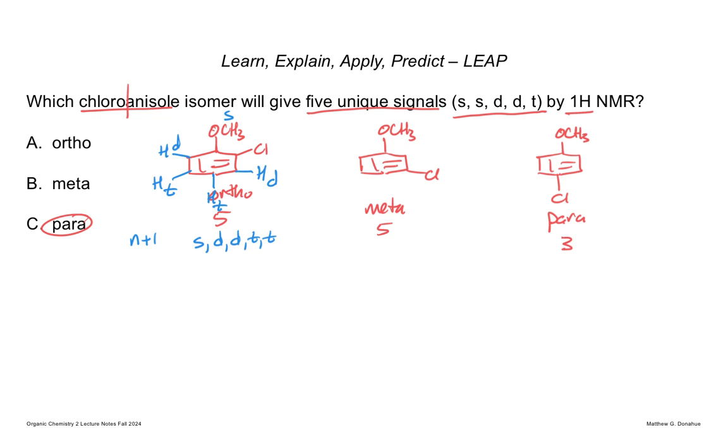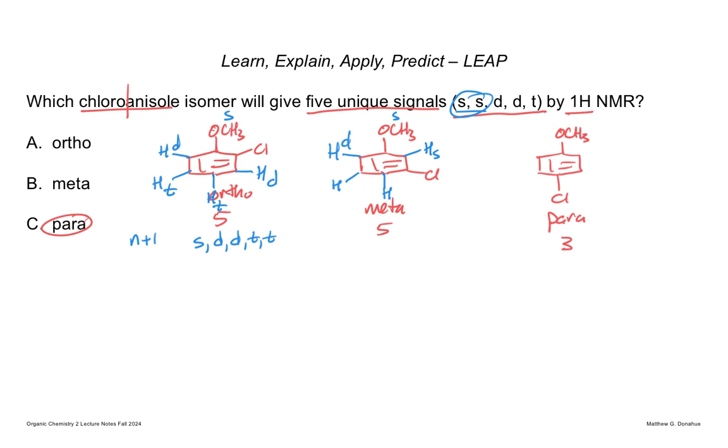But the prompt says there's 2 singlets, so the answer here has to be meta. So singlet, this hydrogen has no neighbors, singlet, so that confirms that. But as we walk through, that has a neighbor, so that's a doublet.